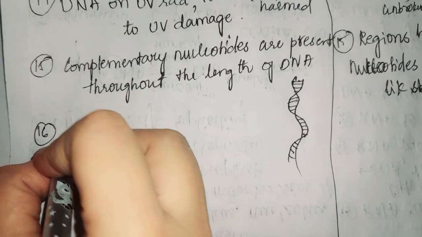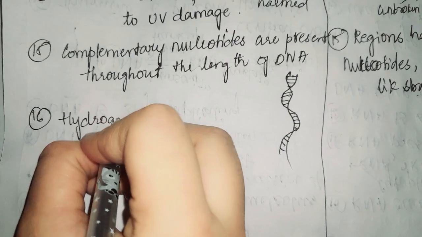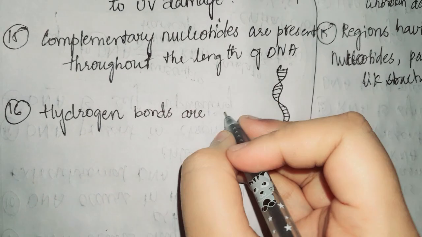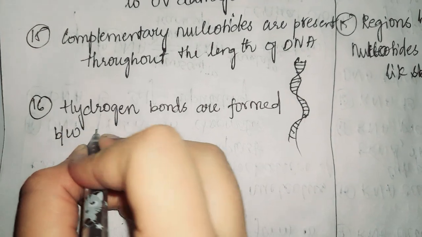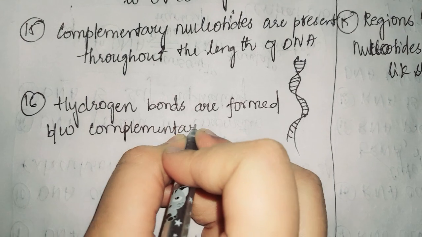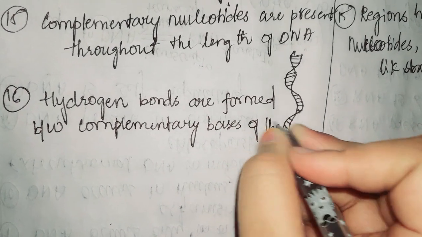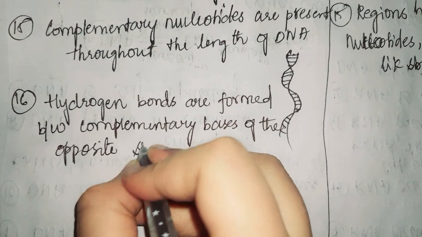Now we'll see the hydrogen bonds. Hydrogen bonds are formed between complementary bases of the opposite strands.